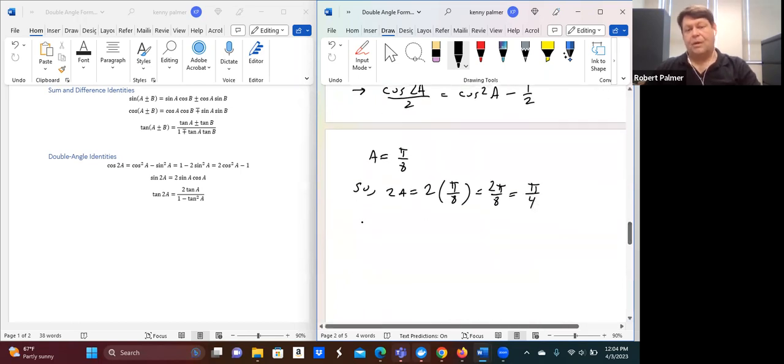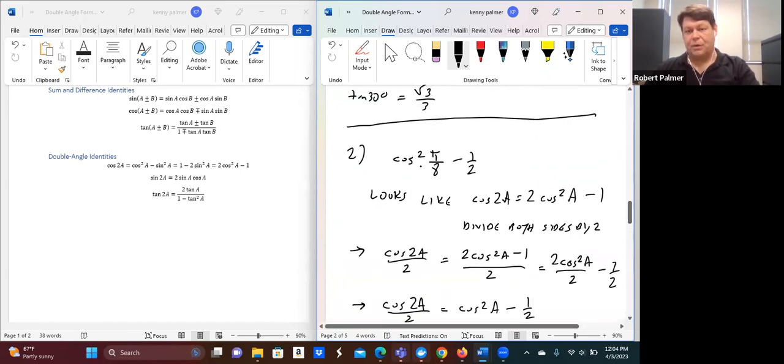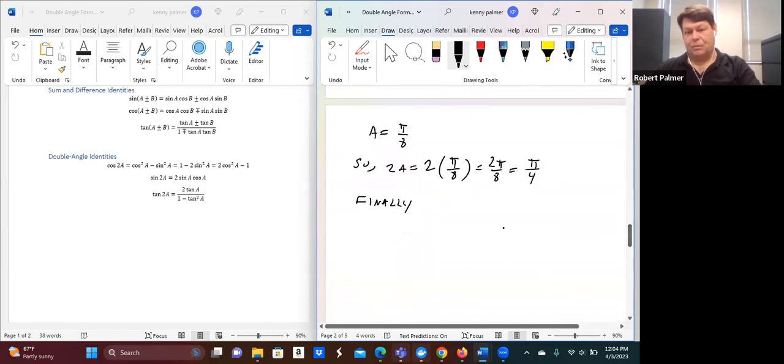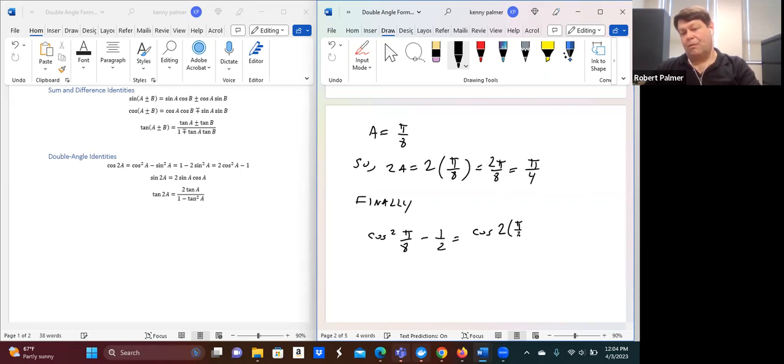And finally, our original expression, cosine squared pi over 8 minus 1/2, is equal to the cosine of twice that, cosine of 2 times pi over 8, over 2, which is the cosine of pi over 4 over 2.